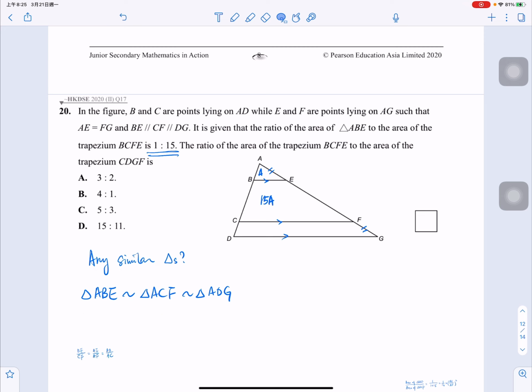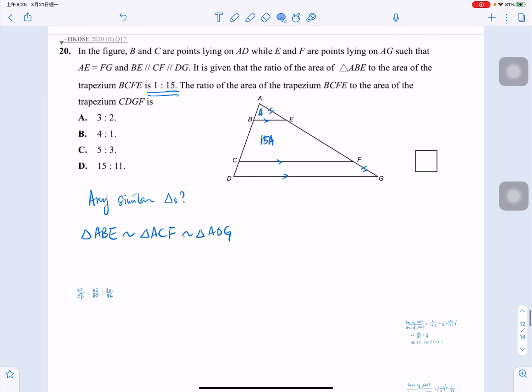Then let's just make use of these two first. That means the two smaller triangles. So BE to CF equals AE to AF equals AB to AC. Right? That's great.